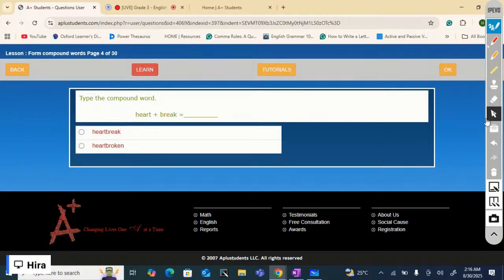Okay, so the compound word that is formed using these two words is heartbreak, not heartbroken.